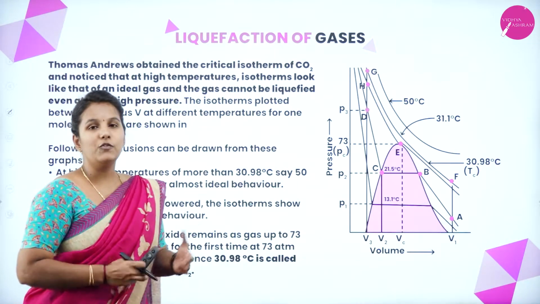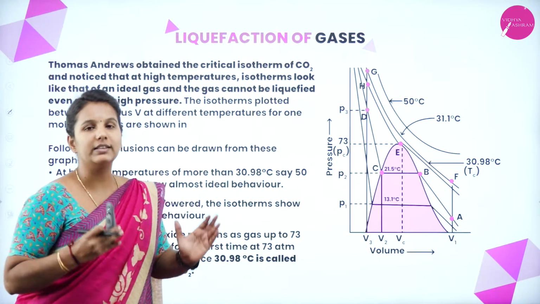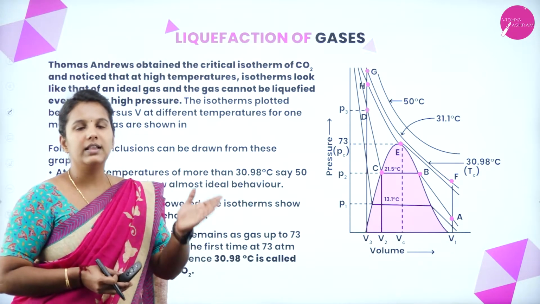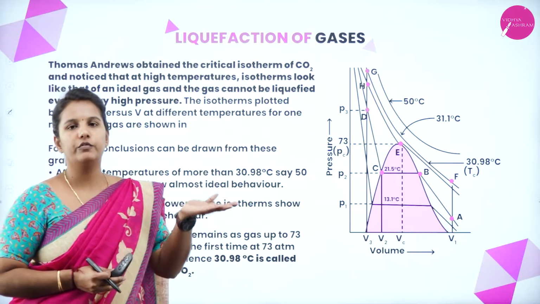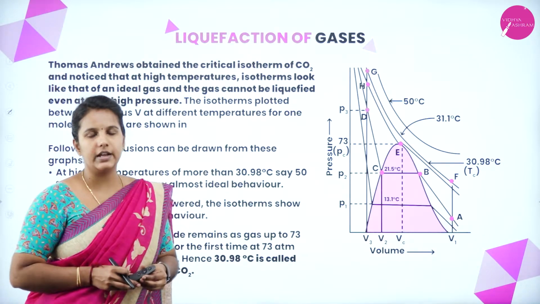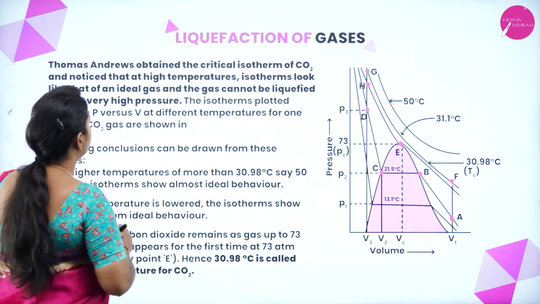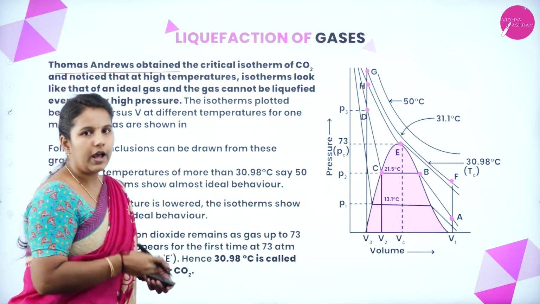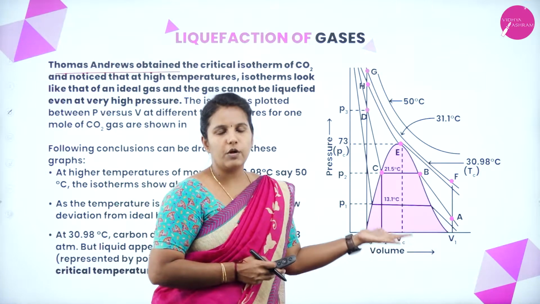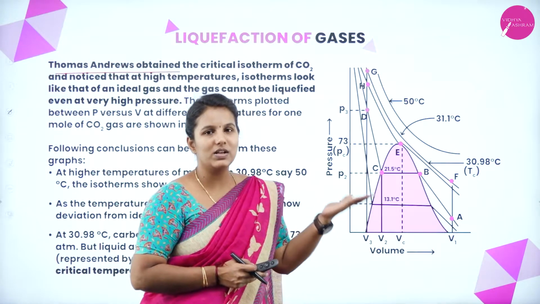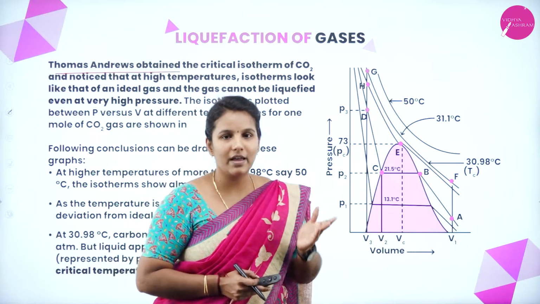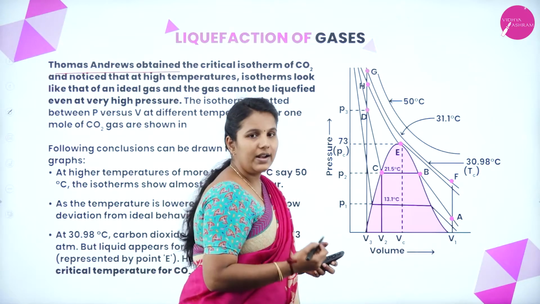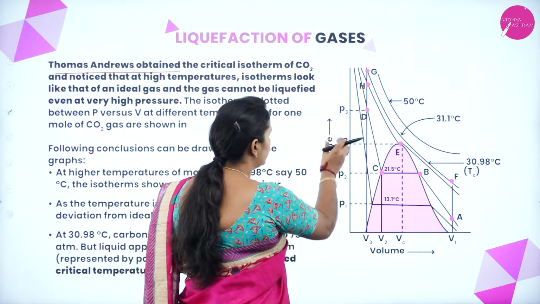Before understanding what liquefaction of gases actually is, first we will see the Andrews curve for carbon dioxide. Thomas Andrews obtained the critical isotherm of carbon dioxide. This is an isotherm of carbon dioxide, first discovered by Thomas Andrews. In the x-axis, he took the volume and in the y-axis, he plotted the pressure.